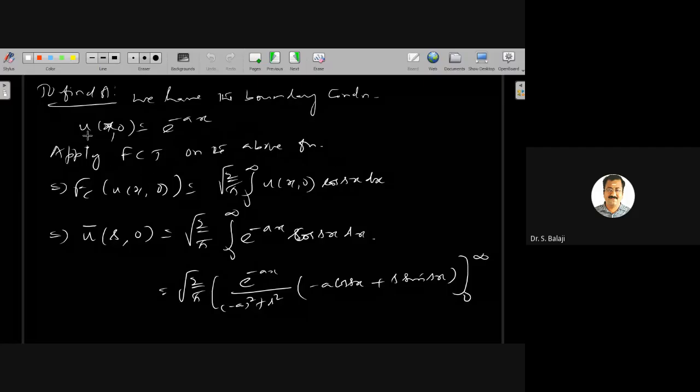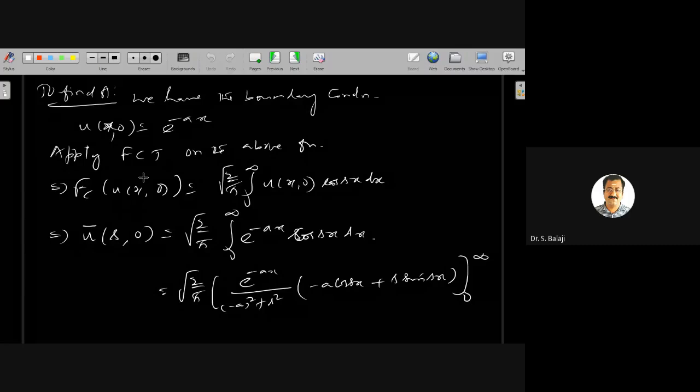Take the Fourier cosine transform of u of x comma 0, equal to root of 2 by pi, integral 0 to infinity, u of x comma 0 cos sx dx. But the Fourier cosine transform of u is u bar.